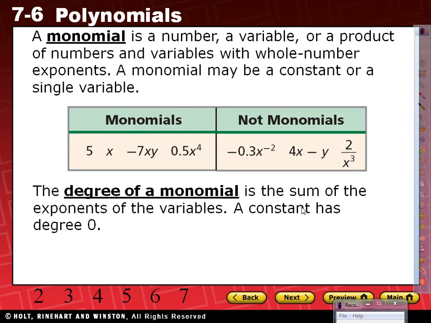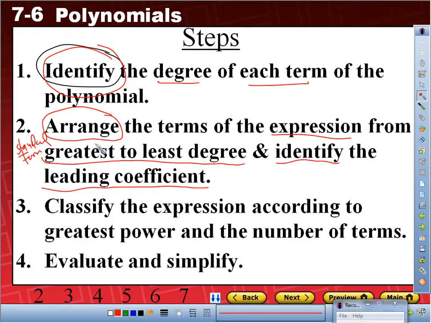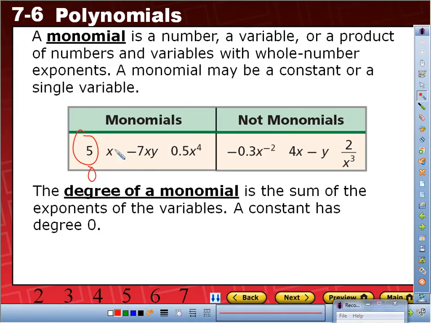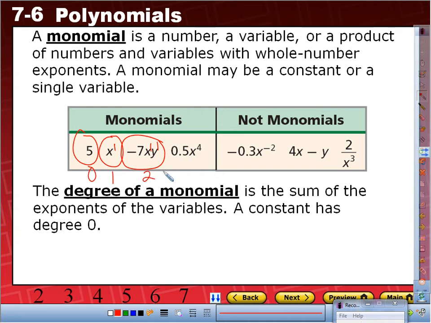To find the degree of a monomial, all we have to do is look for the variable and add the exponents of the variables. This 5 does not have a variable, therefore it is 0 degree. This one has a variable with an exponent of 1, so this is 1st degree. This one has variables, this is 2nd degree. And this one has a variable and it is 4th degree.